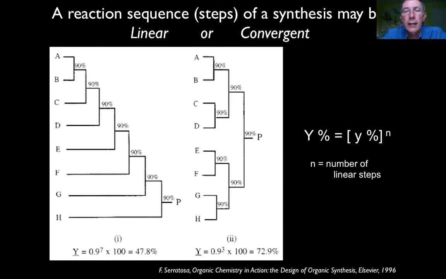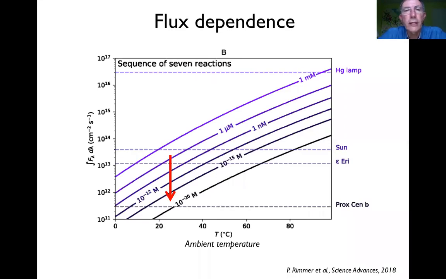And you do that in the lab by purifying and by doing all kinds of tricks, but Mother Nature has to do it naturally. And this is one example of the first 7 steps that I was telling you about. Paul Rimmer did that just to illustrate how the flux, which produces the solvated hydrated electrons, can really kill you in 7 steps.